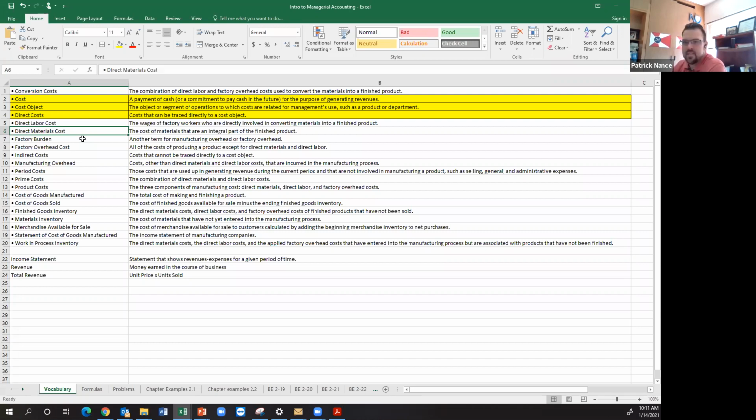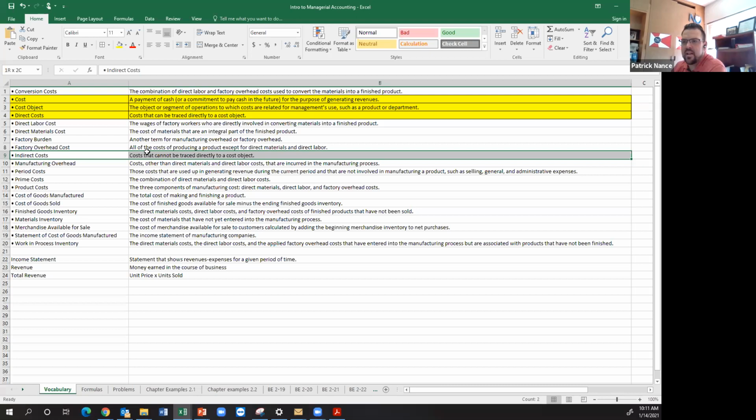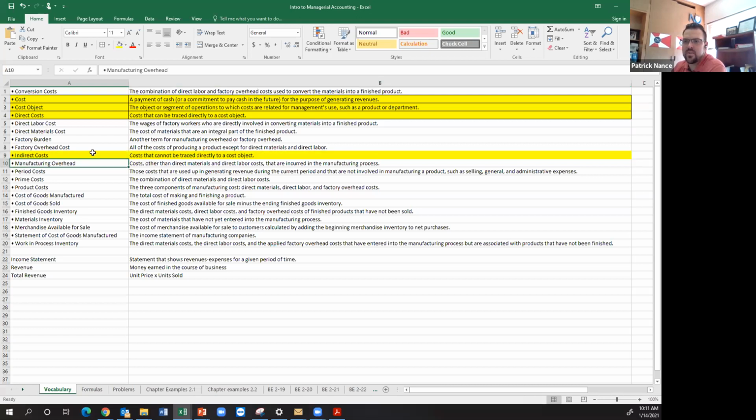Whereas indirect costs are costs that cannot directly be traced to that object. So let's say I am in that furniture manufacturing facility and I manufacture bookshelves, I manufacture sofas, and I manufacture, let's say, headboards.